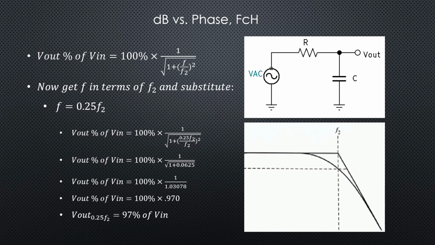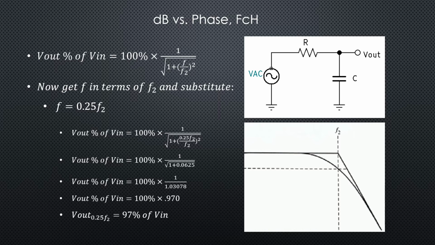Okay, so now we're getting our voltages in terms of percentage. Now we can also get our frequency in terms of F2, our cutoff frequency. And so we know that if we make F equal to 0.25 F2, that would be back in the bandwidth, right? That would be left of F2.